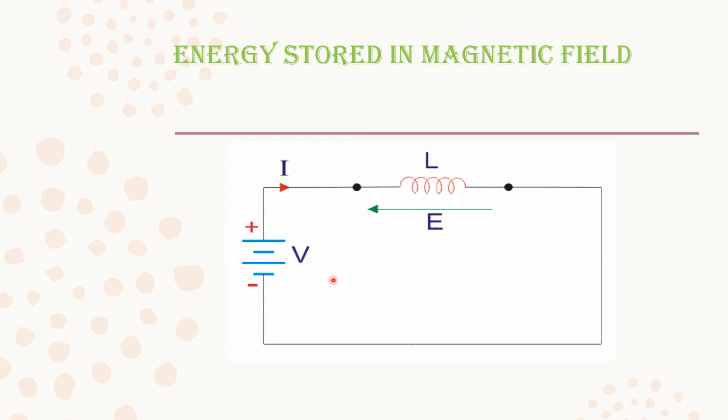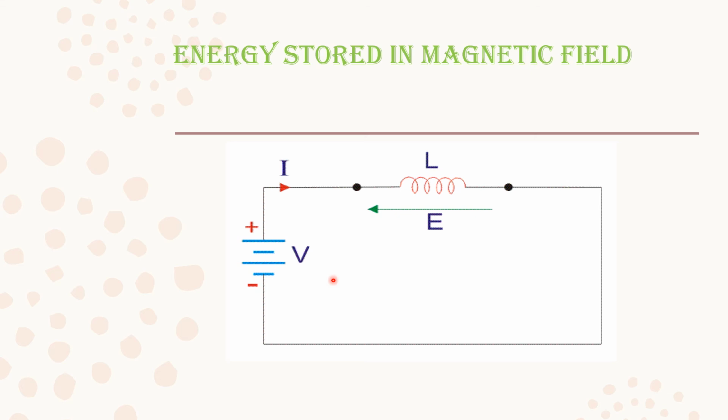Suppose battery voltage is V volts and the value of the inductor is L Henry, and current I will flow at steady state. So when the switch is on, current will flow from 0 to its steady value.